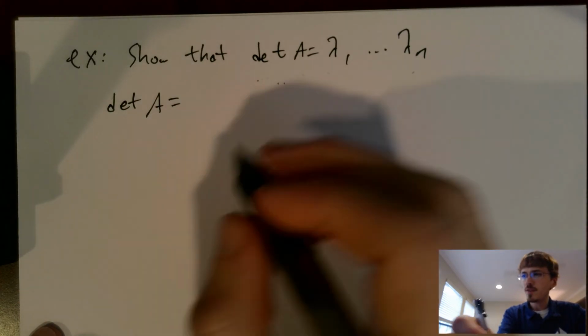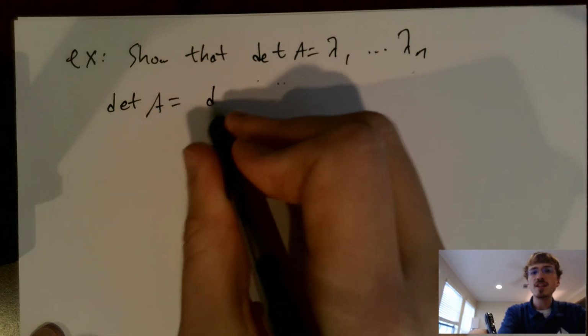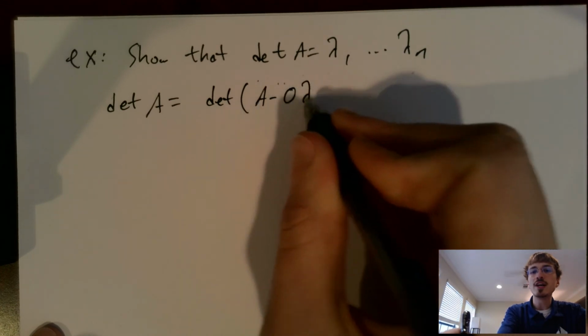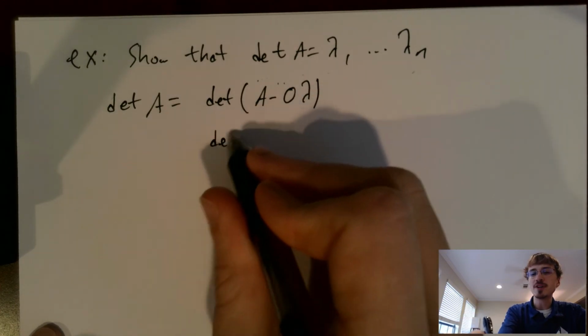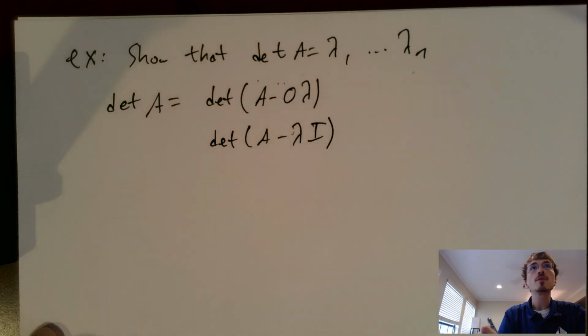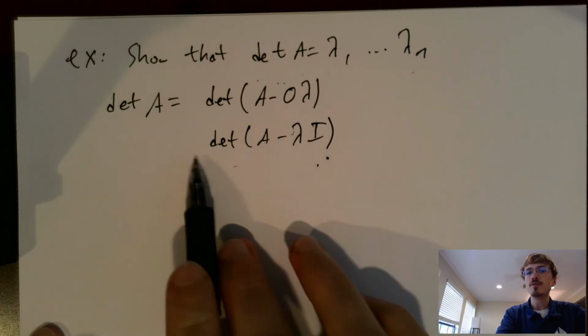I know that the determinant of A, we've seen this before today, is equal to the determinant of A minus 0 times lambda. We're going to use this as our inspiration. So let's first compute the determinant of A minus lambda I. I know that this is a polynomial, a characteristic polynomial of degree n.